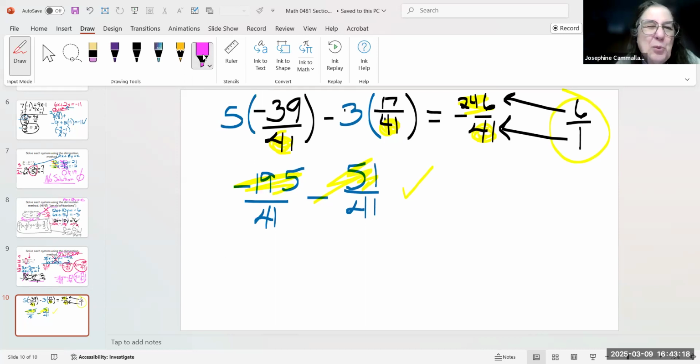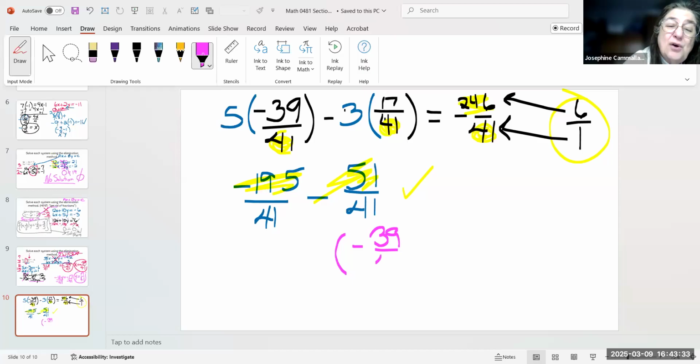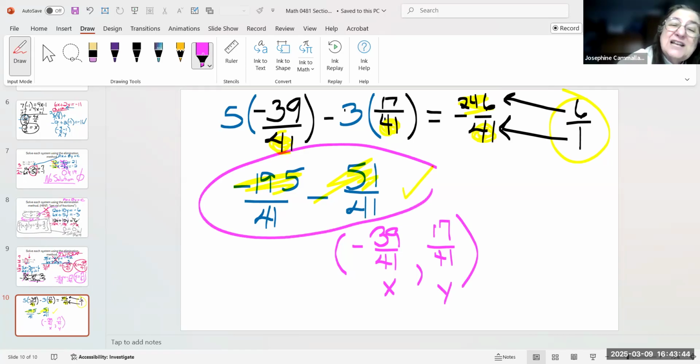So that means I only have to work with fractions that are nasty one time when I check it, or you have to believe that you did something correct. This is a negative 39 over 41. This was my x, and I have a positive 17 over 41 for my y. Because I checked it, I know this answer is correct.